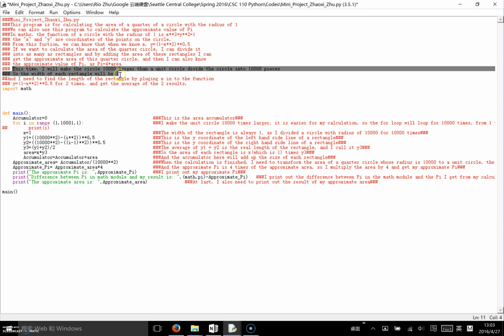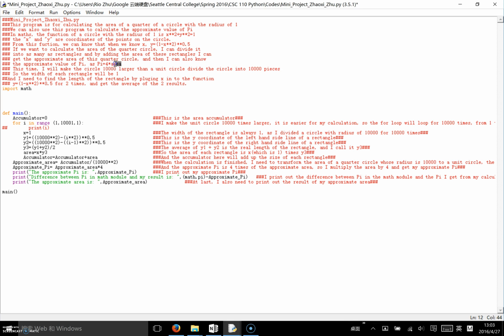When we get the result of the area, we can get the approximate value of pi by multiplying the area by 4. So let's look at the code now.